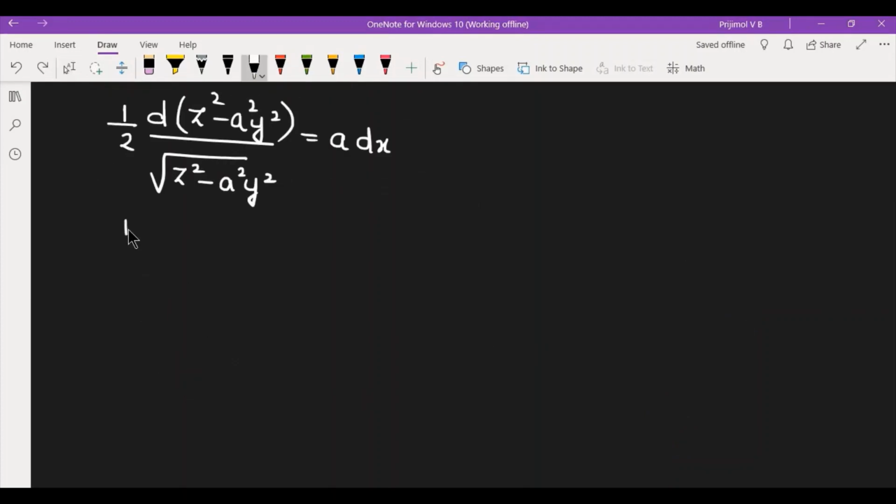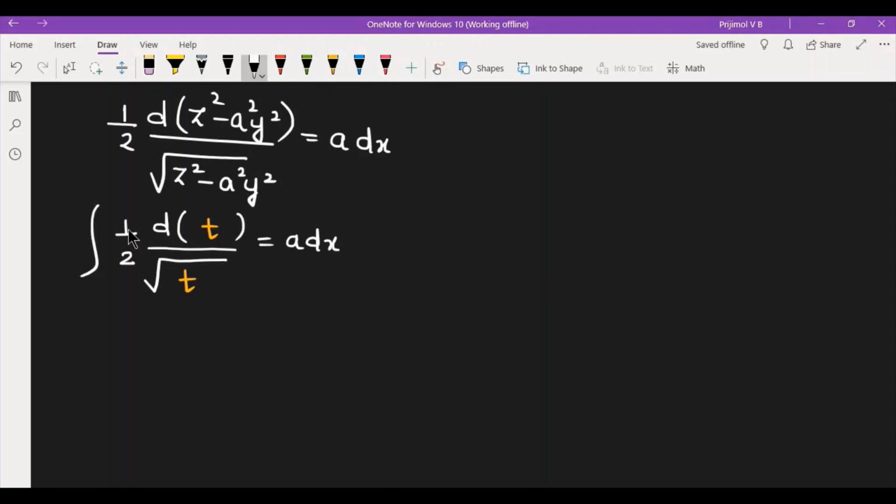So you get a single variable by root of that variable. Now if I take that variable as t, that means we have separated the variables. Now you can integrate this further.